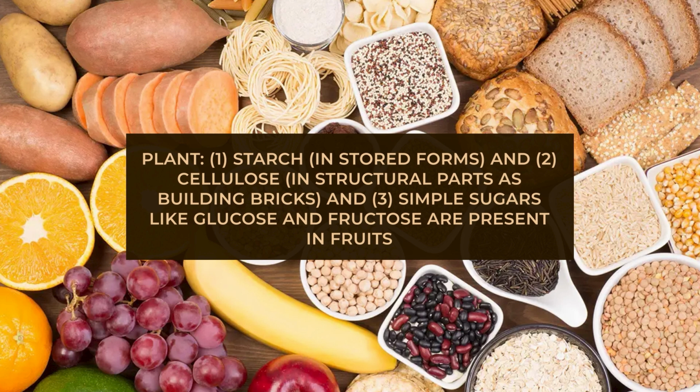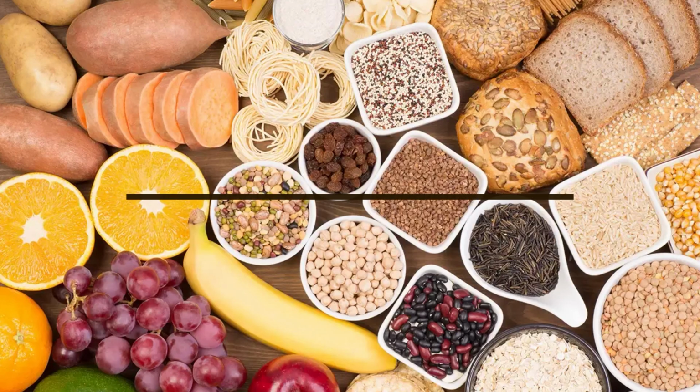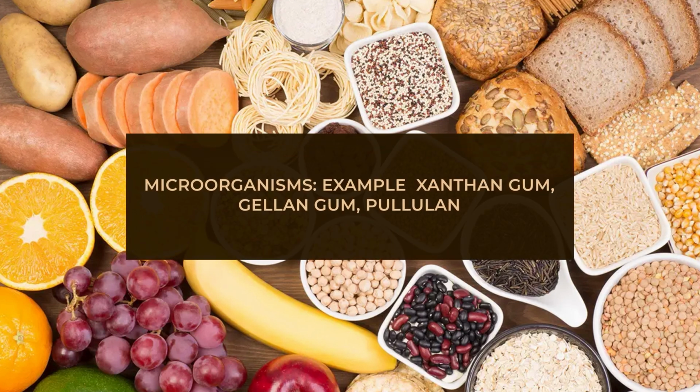In animals also the quantity is less, but it is present in the form of glucose and it is stored as glycogen. An example from animal sources is lactose from milk, which is also a type of carbohydrate. From microorganisms, we have xanthan gum. So, these are some of the examples where carbohydrates are present.